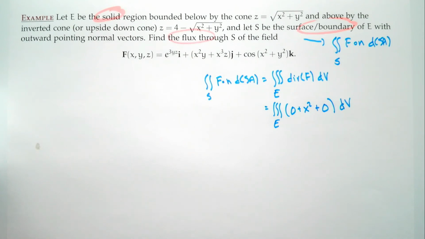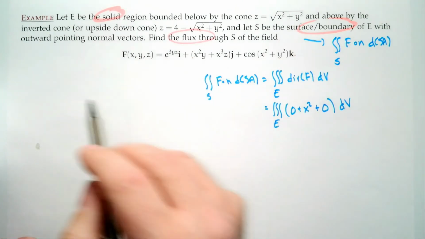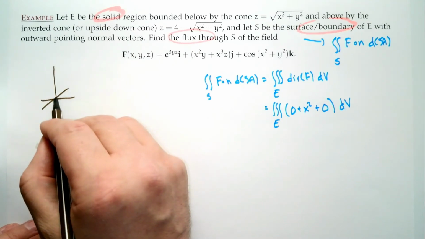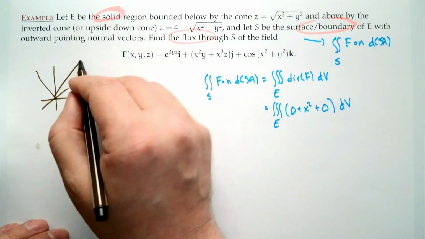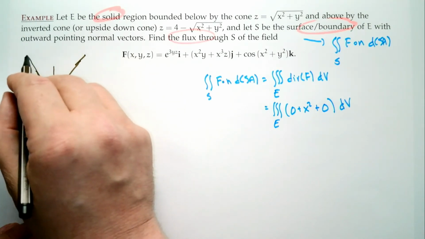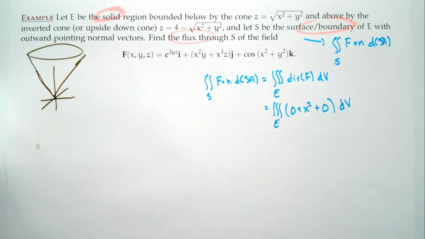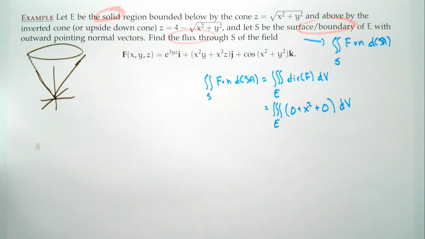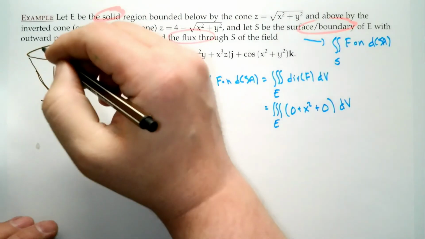It's two cones. So you have a cone, square root of x squared plus y squared. And we've talked about this cone before already today. That's a cone that's coming up. But then we have another cone, 4 minus square root of x squared plus y squared. So what you've done is you've turned the cone upside down and shifted it up so that it starts at 4.